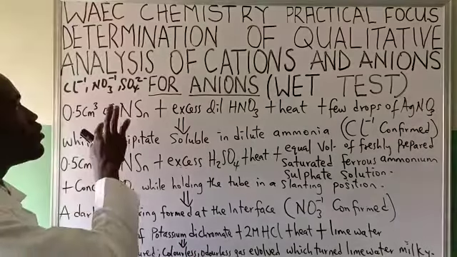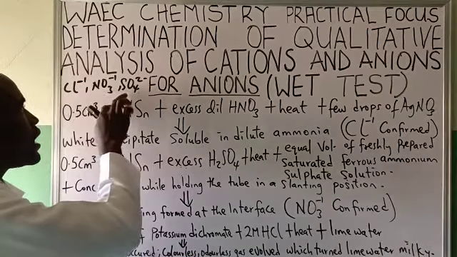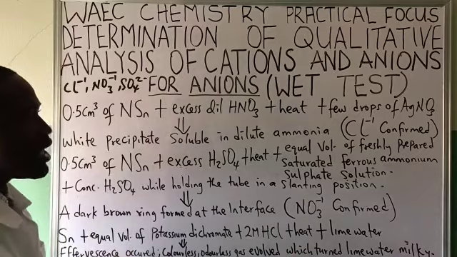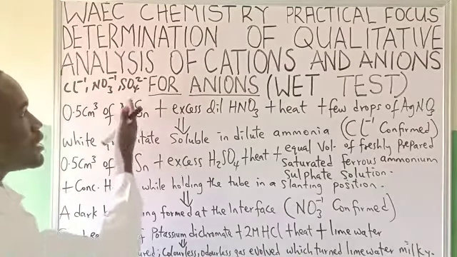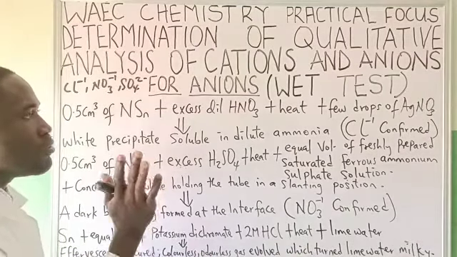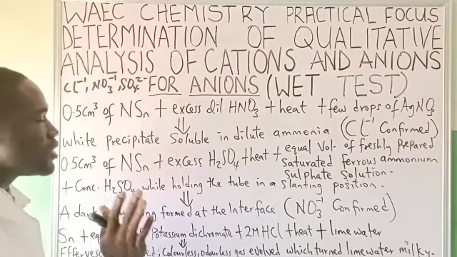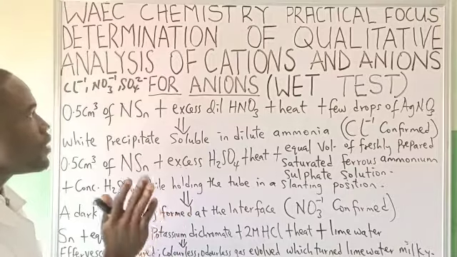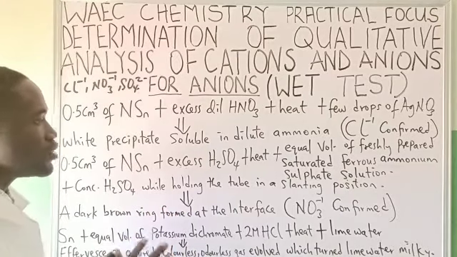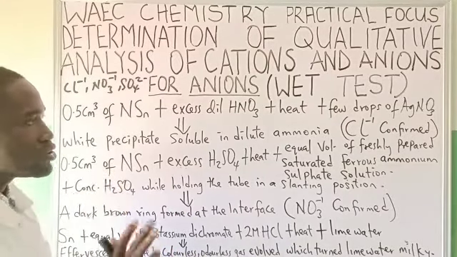You can take care of the heavy metals on their own. But for chloride, nitrate, and sulfate, the heavy metals interfere in the determination, so we need to precipitate them or filter them out. So there is need to precipitate the heavy metals in that salt so that we will get the result accurately.